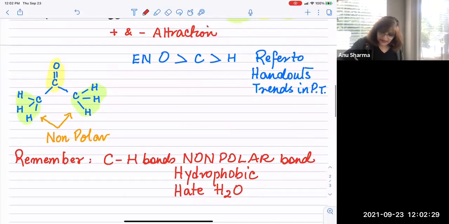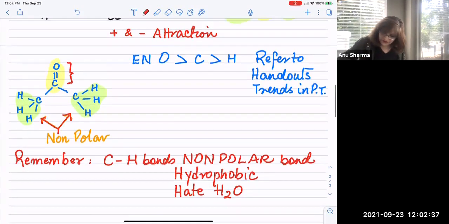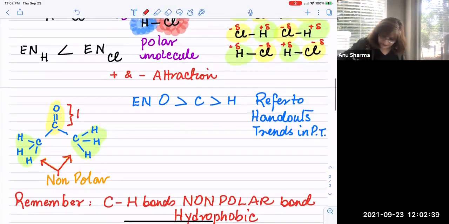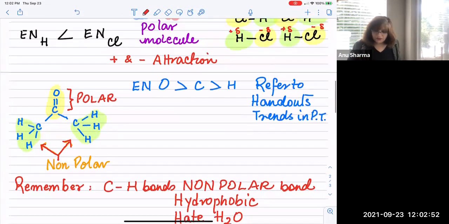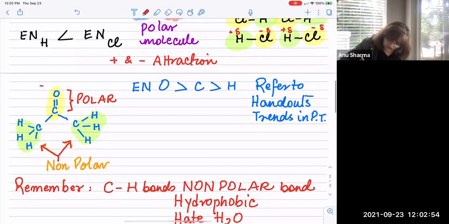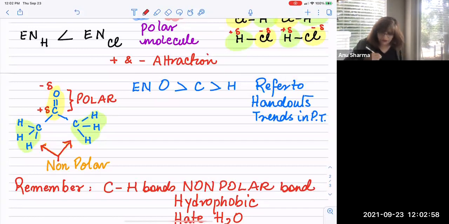Now, on the other hand, this carbon-oxygen bond is polar. Because oxygen is comparatively more electronegative, the bond is very polar, and the difference in electronegativity is higher. As a result, oxygen has a delta negative charge and carbon has a delta positive charge.